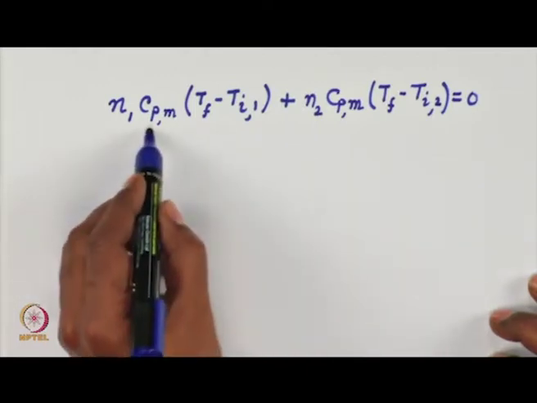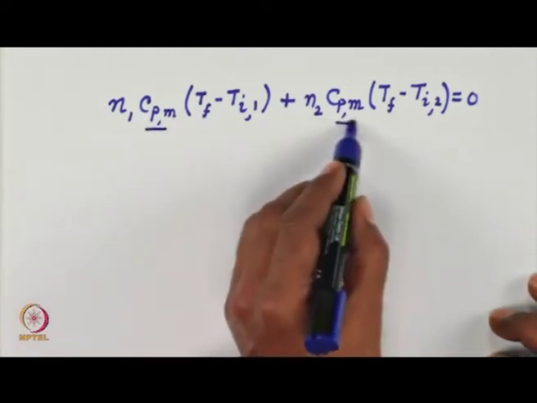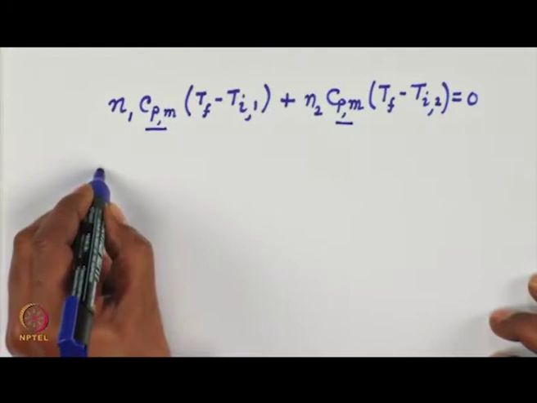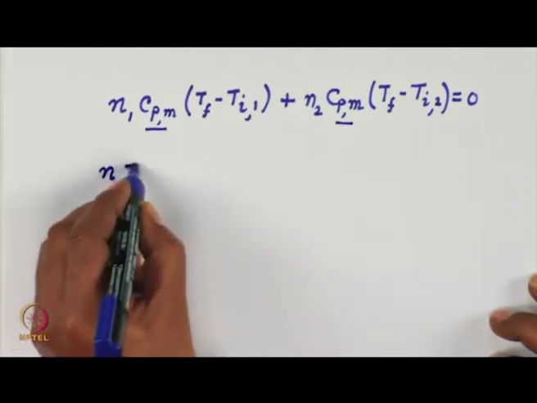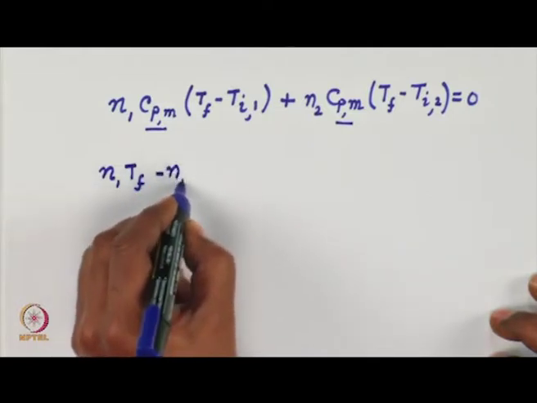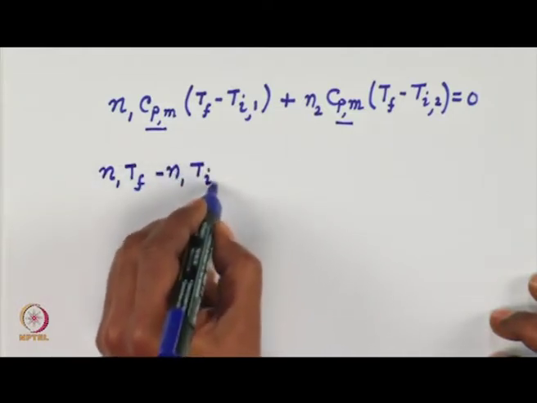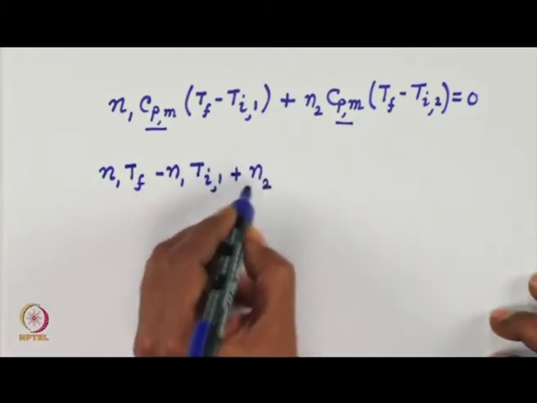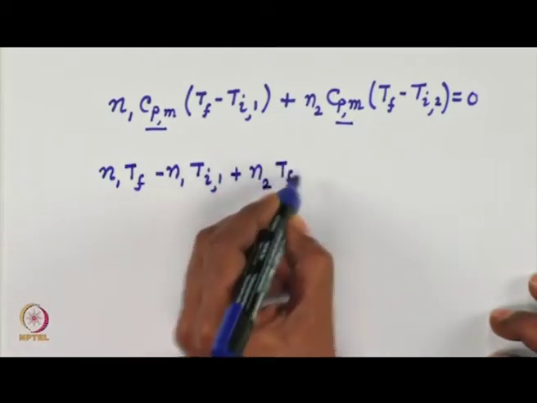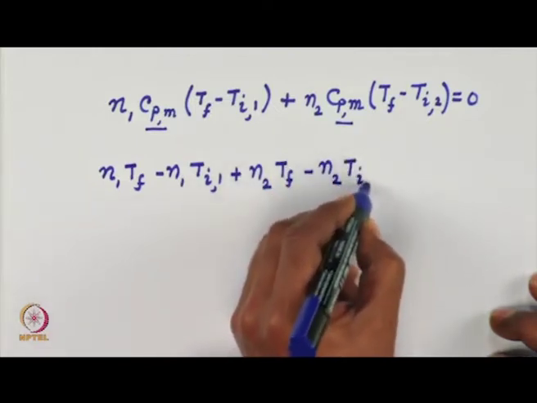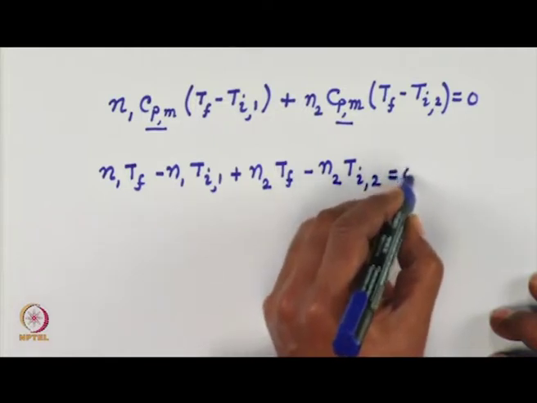Now, since here the heat capacities are the same, these will get cancelled. So, what we have is N1 times Tf minus N1 times Ti1 plus N2 Tf minus N2 times Ti2 has to be equal to 0.